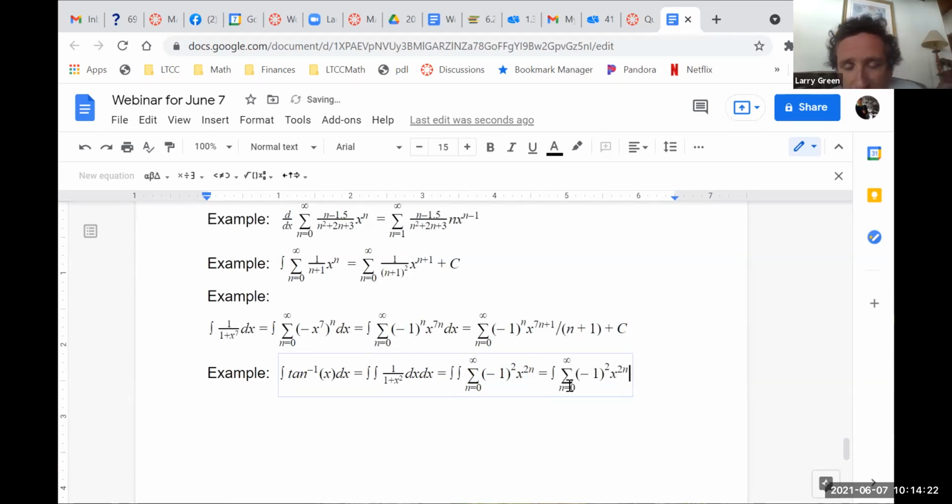It's going to be the integral of summation n equals 0 to infinity, negative 1 to the n, x to the 2n plus 1 over 2n plus 1.